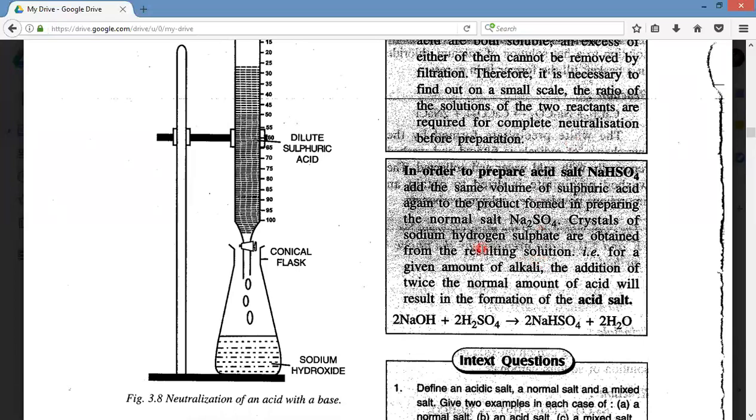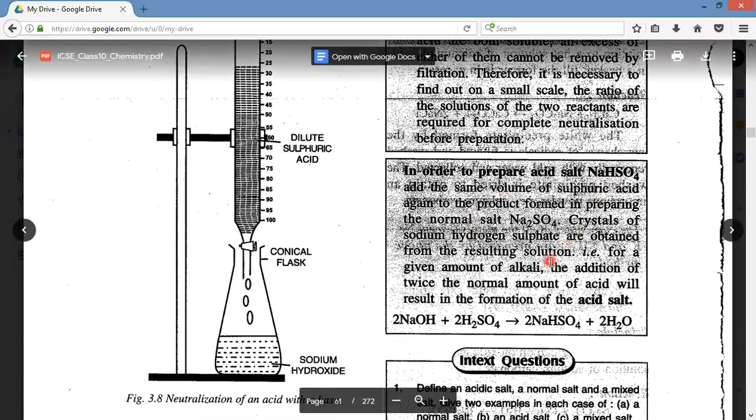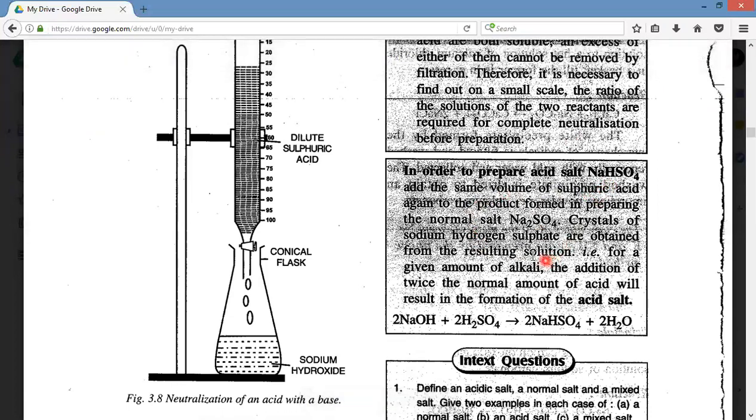Next concept, how we can prepare sodium bisulfate from sodium sulfate. The process is very easy. As before, sodium hydroxide treated with sulfuric acid forms sodium sulfate. To that sodium sulfate, add twice the acid.